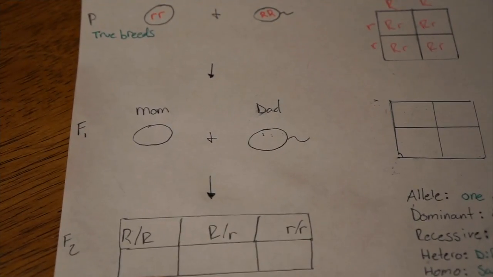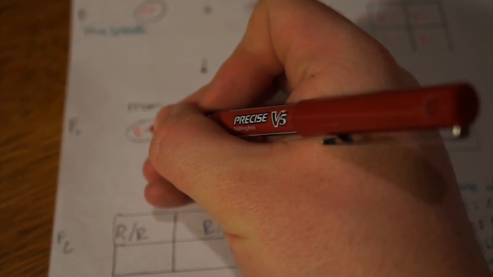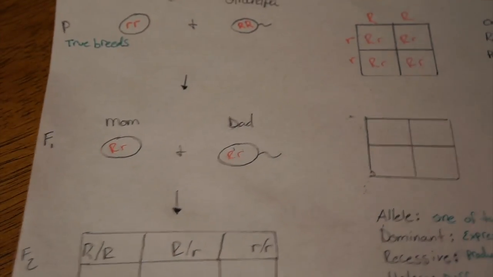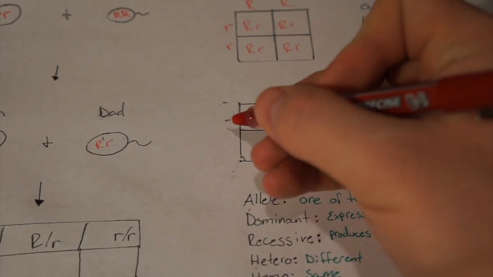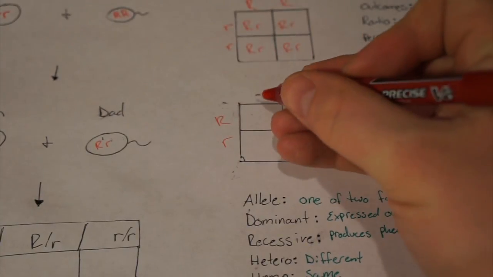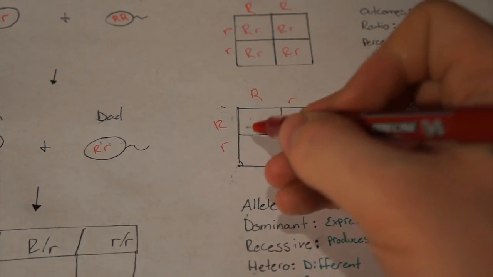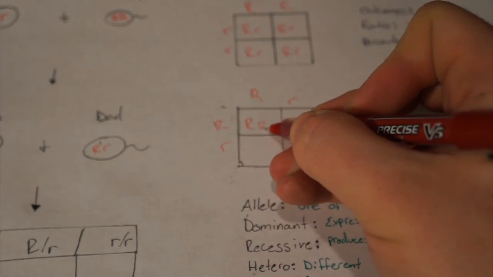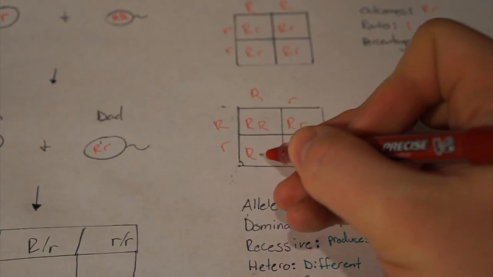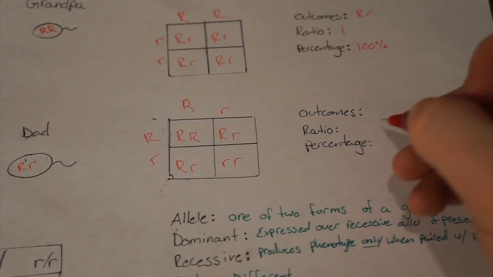Okay, now for the F1 generation. We are going to divide up the beans, and we are going to have two heterozygote parents. If they are going to mate, we can fill out another Punnett square and predict the outcome. So let's cross two heterozygotes, and you're going to see we have a big R, a little r, big R, a little r, big R, and then two little r's.